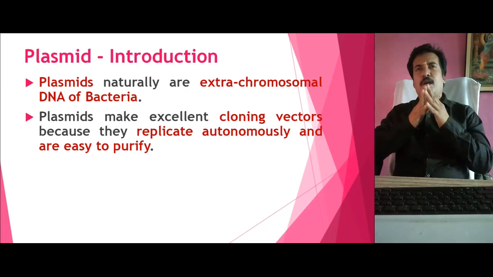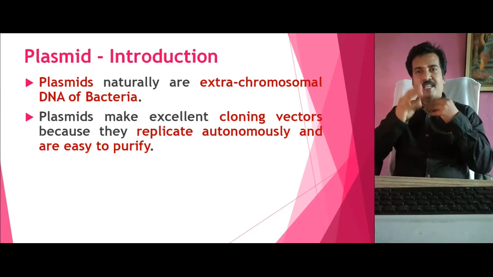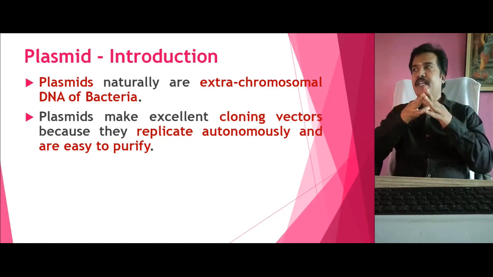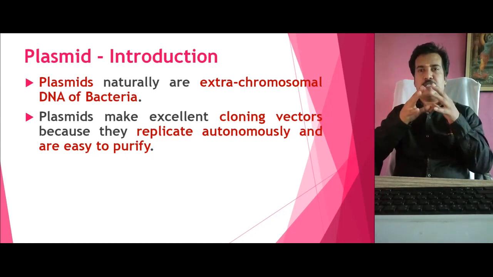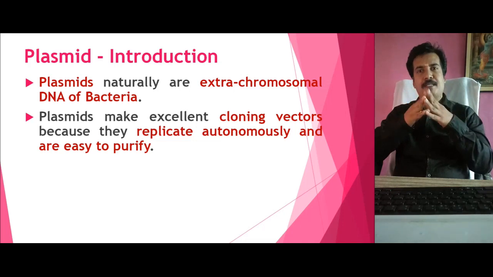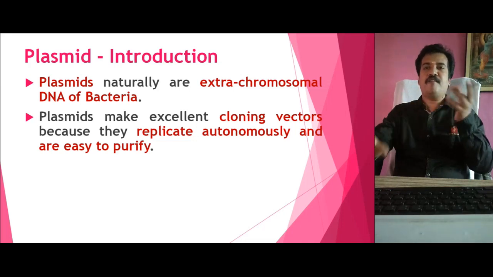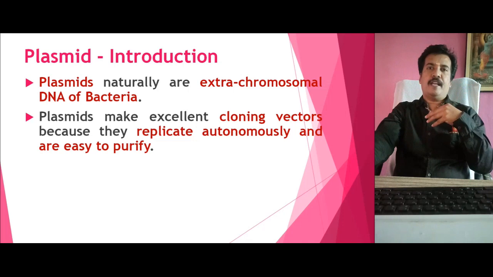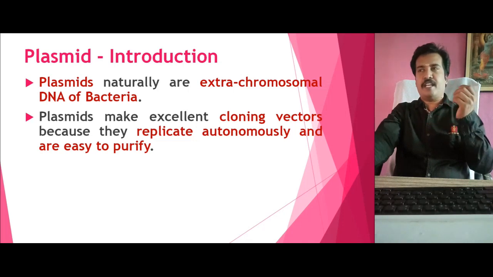Once we talk about why we can use plasmids as vectors, one of the major reasons is that the plasmid can multiply itself inside a bacterium into many copies. It can produce a huge number of copies, and apart from isolation of the genomic DNA, we can easily isolate the plasmid DNA from a bacterium and purify it without any difficulty at all.